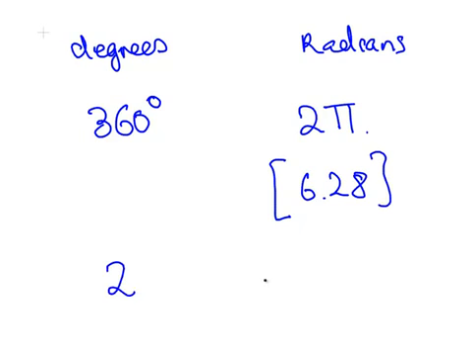So 2 radians is just slightly less than 120 degrees, probably around 110 degrees or something like that. But anyway, your calculator should work on the basis of radians. Alright, that's enough of that.